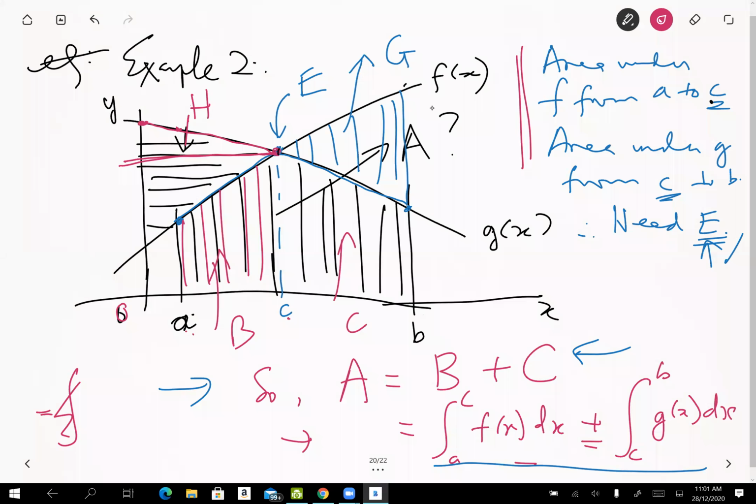Okay, I'll spend a few minutes. So look at that thing. Think about it in 2 minutes. So what are the areas that you need?